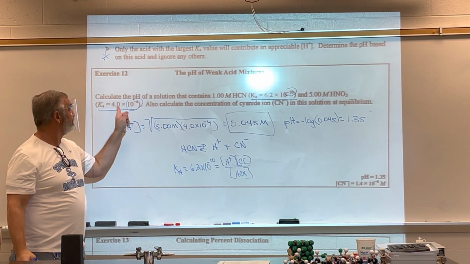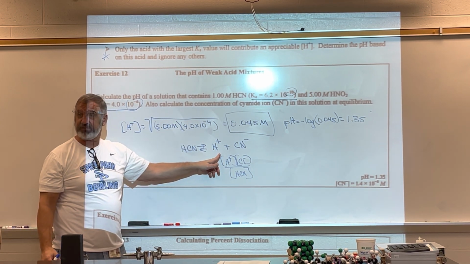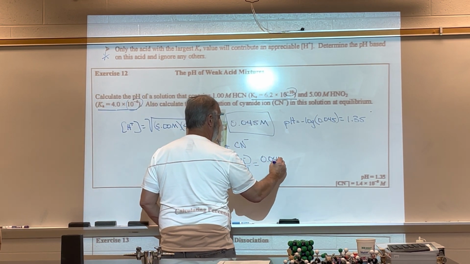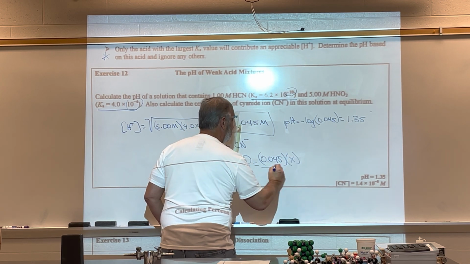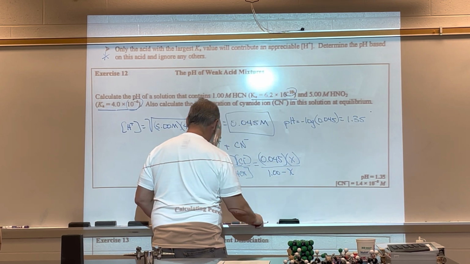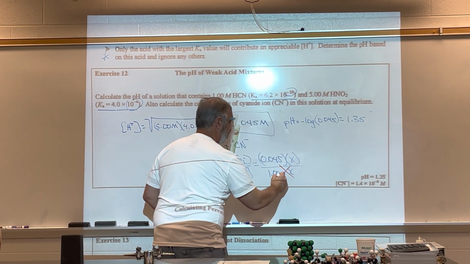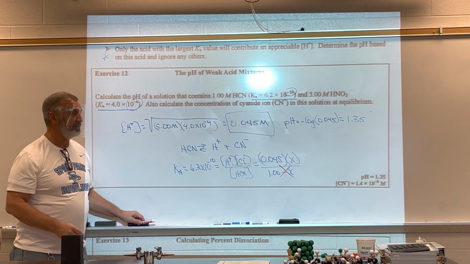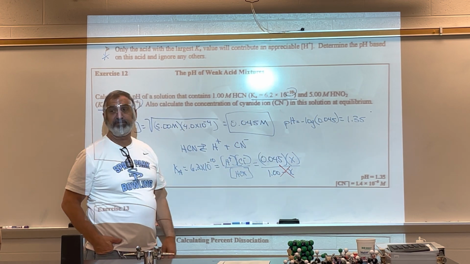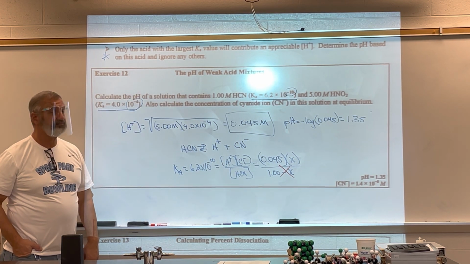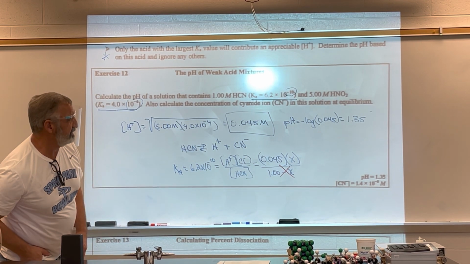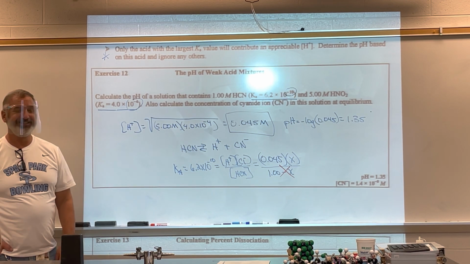Because we have H plus coming from this and H plus coming from this. So I just plug that in and I say 0.045 times X, and then this is going to be the 1 minus X, but we're going to negate the X. So then it's just going to be 6.2 times 1 divided by 0.045. I bet it comes out to 1.4 times 10 to the minus 8.